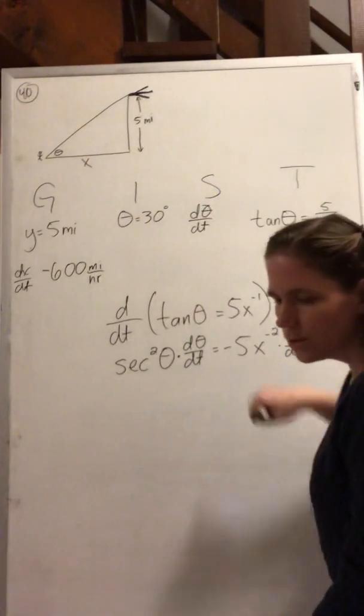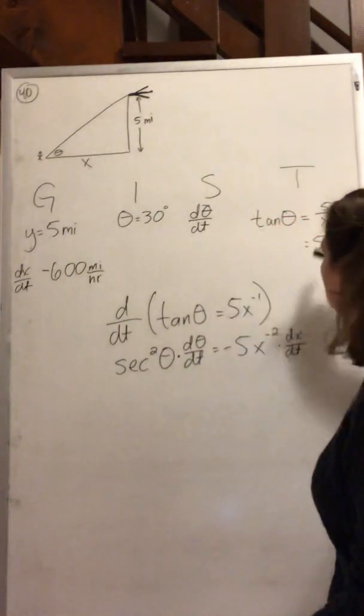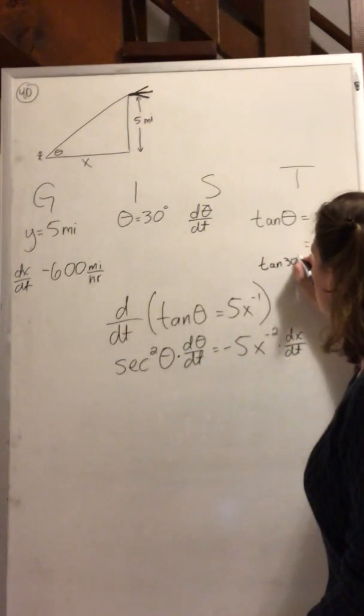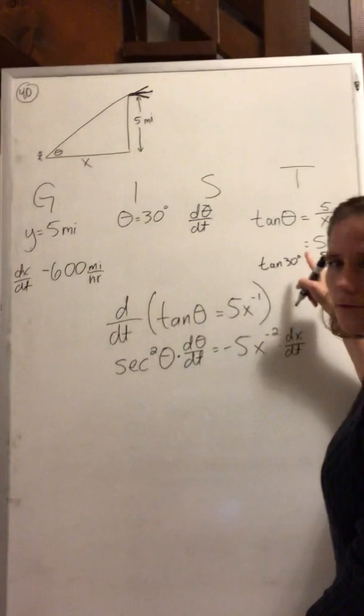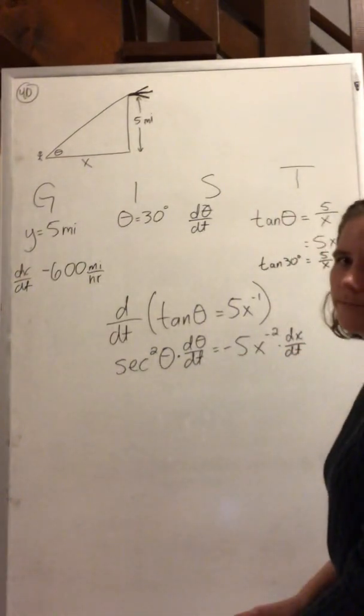We don't. So what we have to do for that one is to plug into here and find tangent of 30 degrees is equal to 5 over x, and solve for x so that we can plug it in there. And that's how you can do parts A, B, and C.